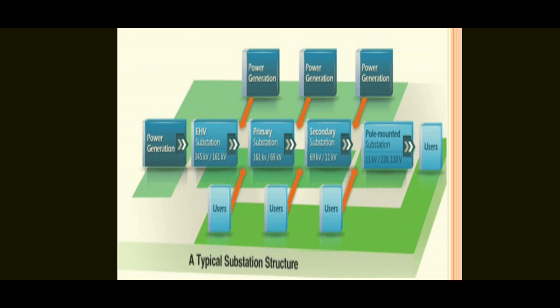So from the power generation, the voltage goes to the EHV substation, the extra high voltage substation, at 345 kilovolt by 161 kilovolt.